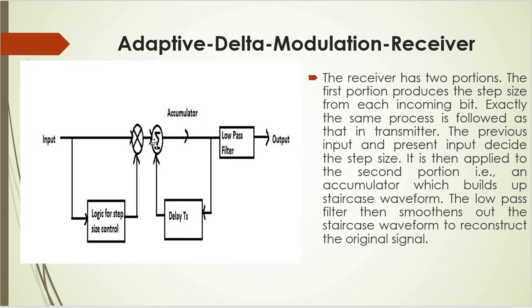The previous input and the present input decide the step size. This step size is then applied to an accumulator which builds up a staircase waveform. So at the input of this low pass filter we have the stream of ones and zeros converted into its corresponding stair-step waveform. The function of this low pass filter is to smoothen the staircase waveform and to reconstruct the original message. So at the output of the low pass filter we obtain the original message as it was transmitted.